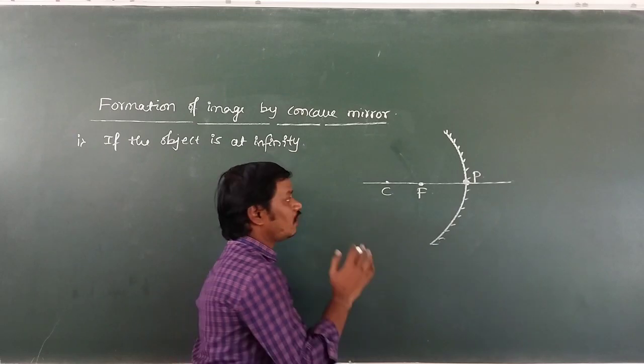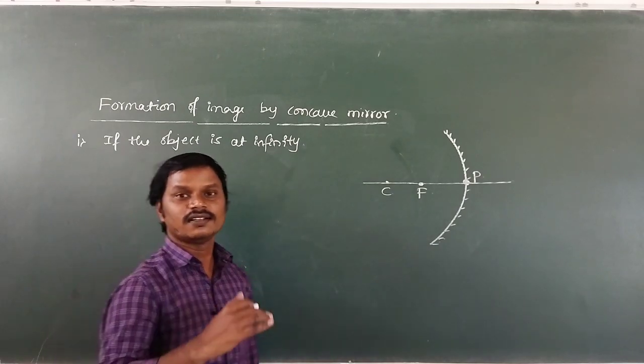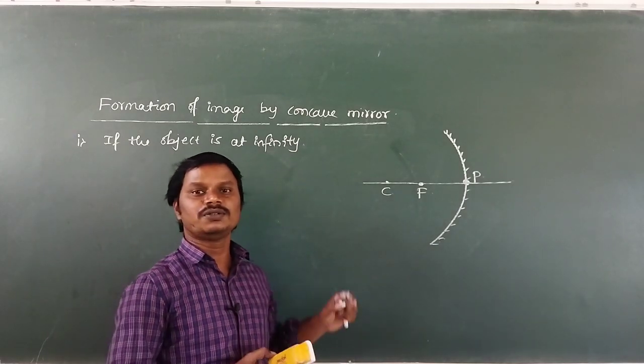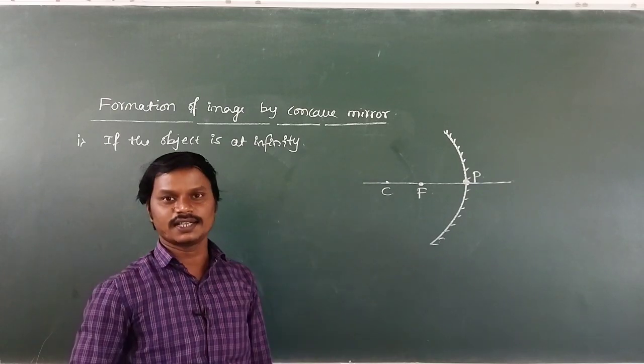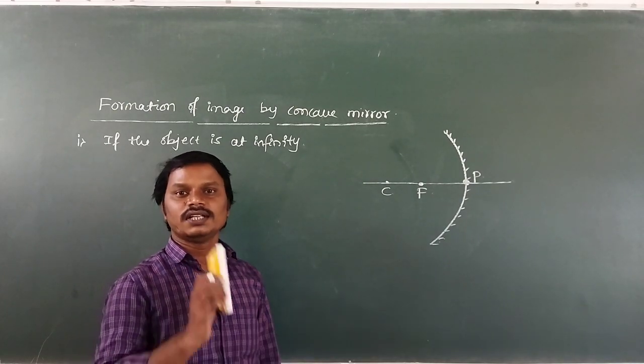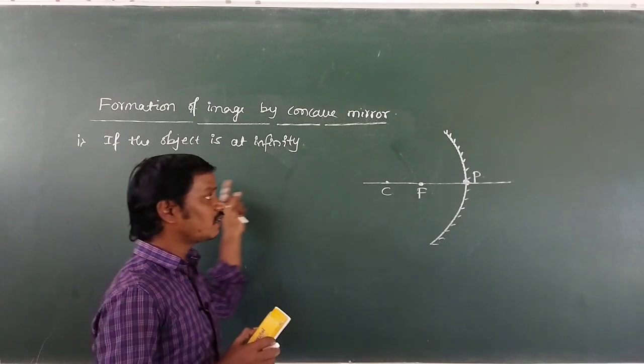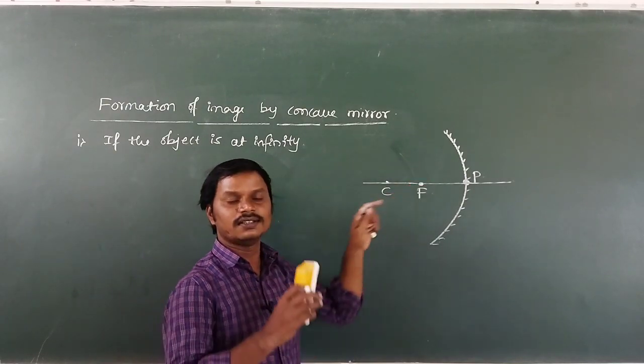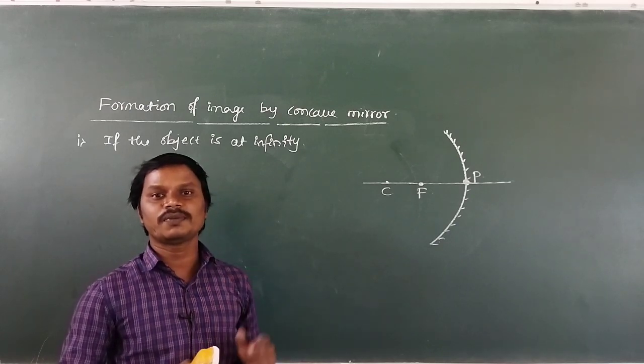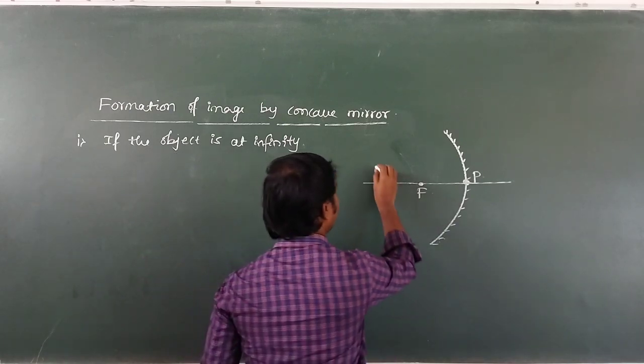Then, if the object is at infinity, then the rays coming from the object are parallel to the principal axis. One thing to remember, if the object is at infinity, means at a large distance from the mirror, then the rays coming from the object are parallel to the principal axis.